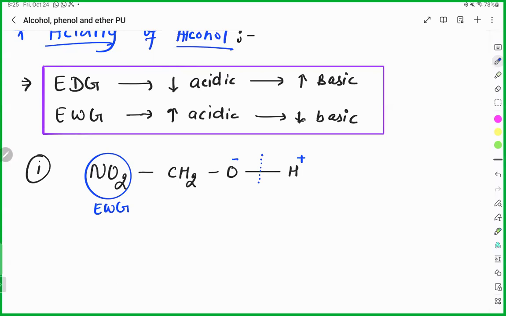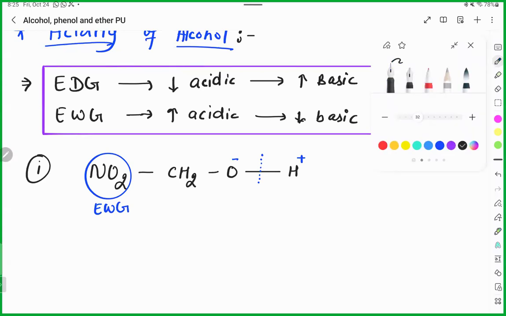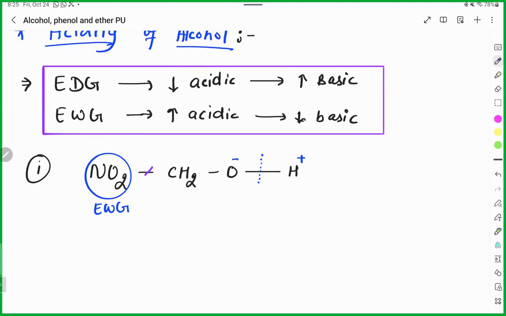Now imagine this electron withdrawing group is withdrawing electron from this group, then this oxygen will try to donate some electron toward the NO2. I'm not saying toward carbon. It is because of the NO2 group.